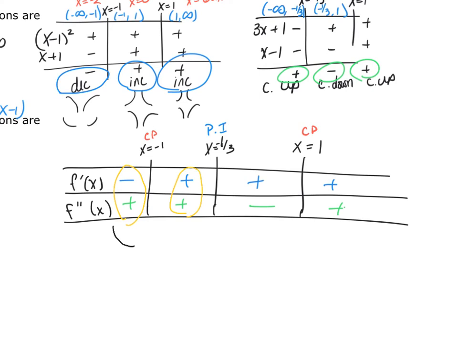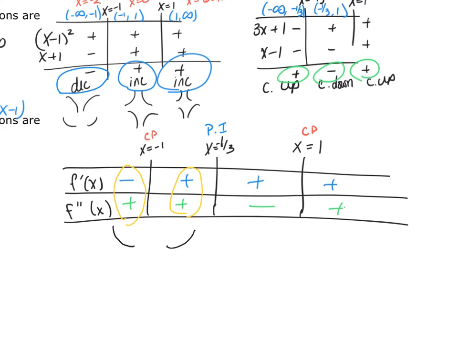From -1 to -1/3, I am concave up and I am increasing. So concave up and increasing is going to look something like that, possibly, or that's concave down. It's going to look something like that, so increasing and concave up.